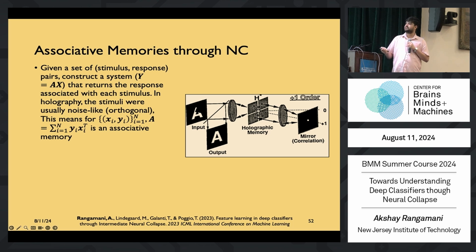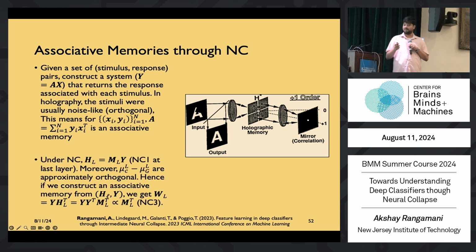The stimuli were usually noise-like, meaning almost orthogonal, and you can show that you get a good associative memory out of this. Under neural collapse, you can also show that this is exactly an associative memory.